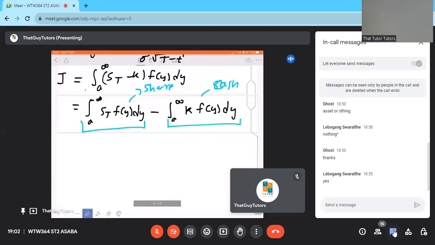Which one is a little bit difficult? Maybe I can do I1, so I'm going to focus on I1. I1 is equal to the integral from A to infinity of S of t.